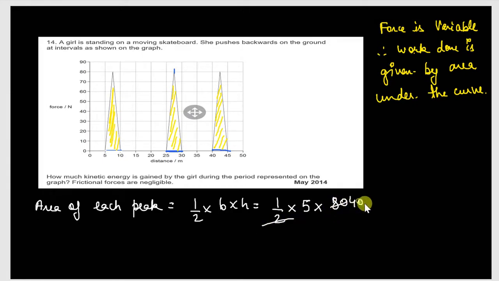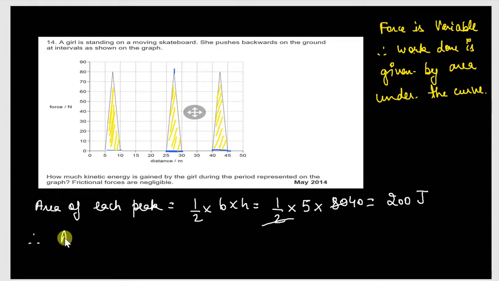So half times 5 times 80 is 40 times 5, we get 200 as the area of one peak. And this is going to represent the work done. So 200 joules.